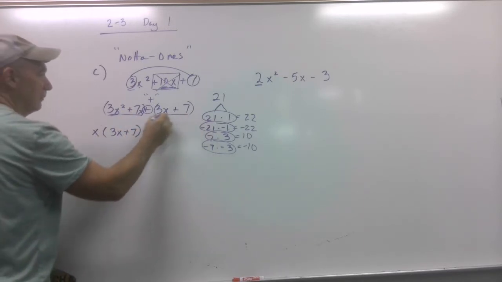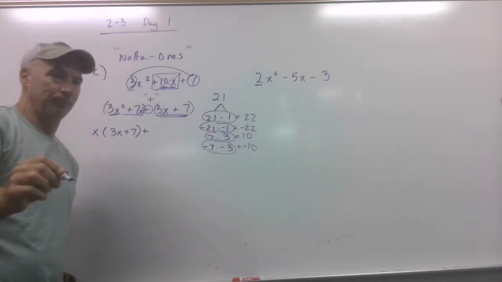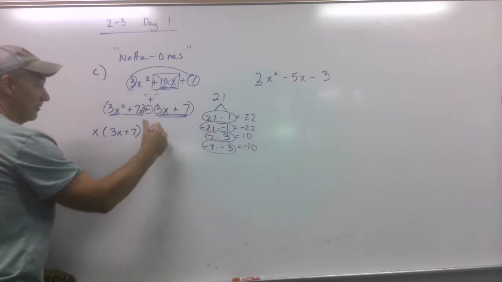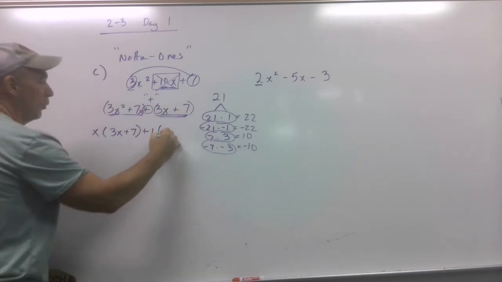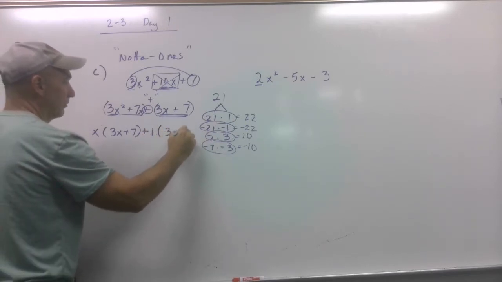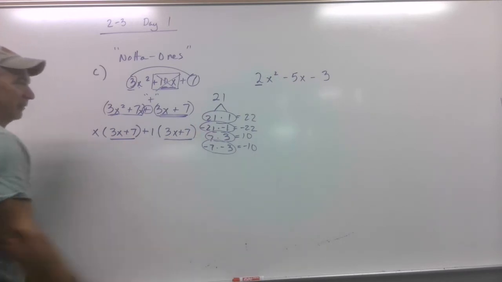Now I gotta do the same thing here. And you have to factor something out. So there's nothing to factor out, but I have to take something out. So I'm gonna factor out a 1, just so I have something there. And I have 3X plus 7. I want you to notice this matches this.